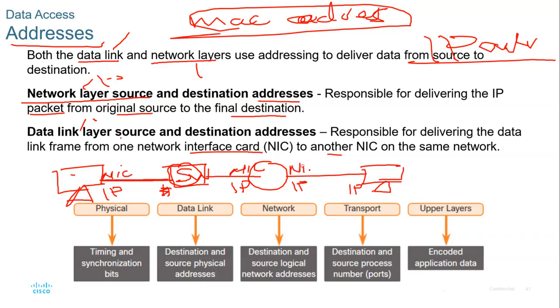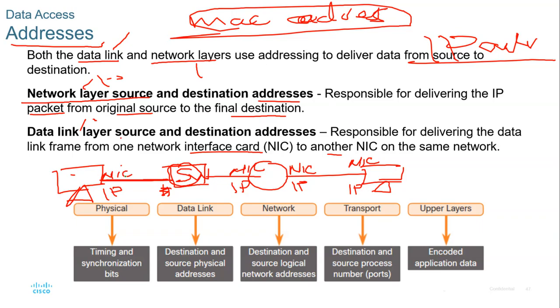Then we have a network interface card here and a network interface card there. Let me try to change the pen color. Maybe green will be the best.